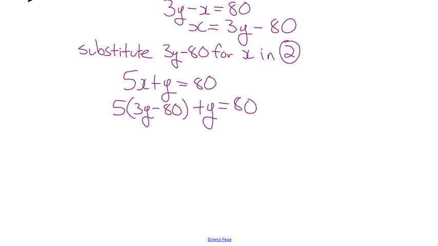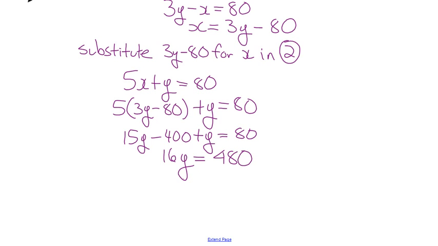That's the whole idea of substitution. We substituted for the x, we have an equation simply in y. We're going to solve this. So what do we got? 15y minus 400 plus y, 16y is equal to 480, so y is equal to 30.